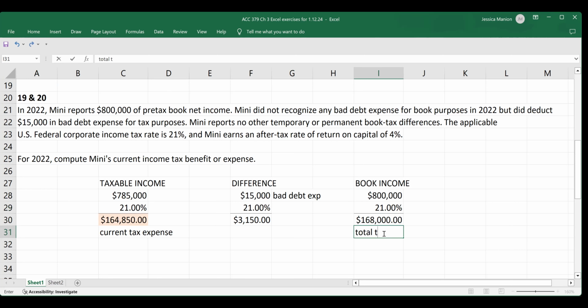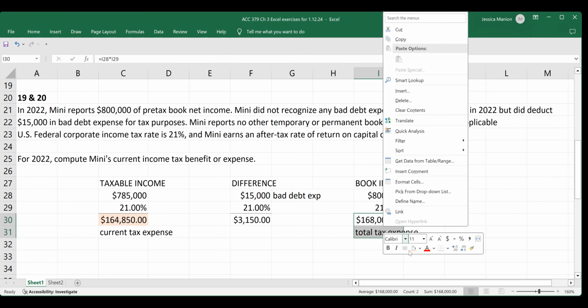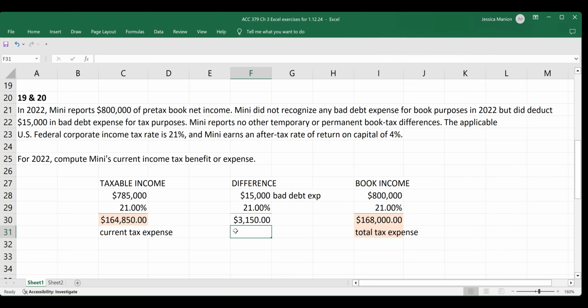Total tax expense is our 168,000. And then our deferred portion, deferred tax.